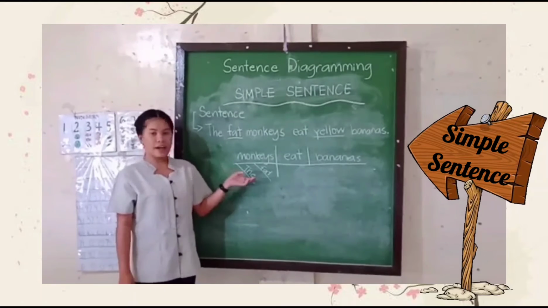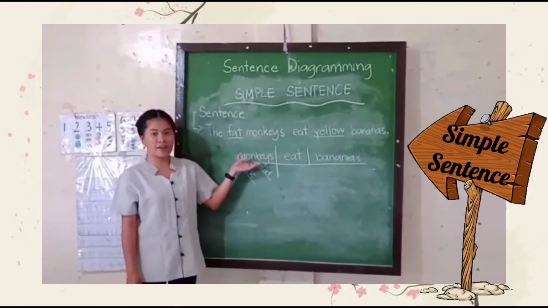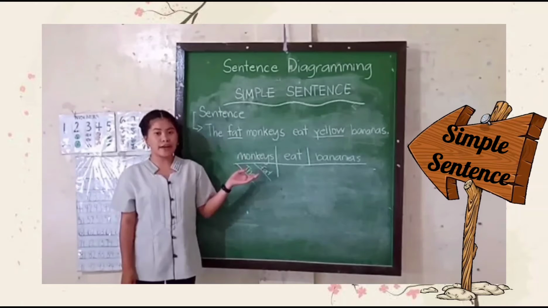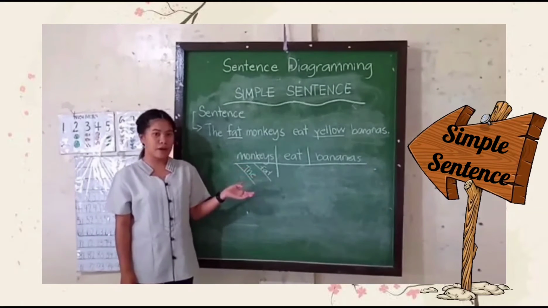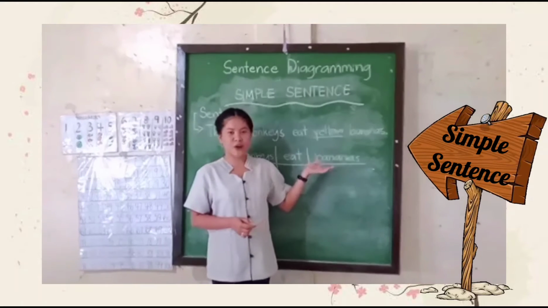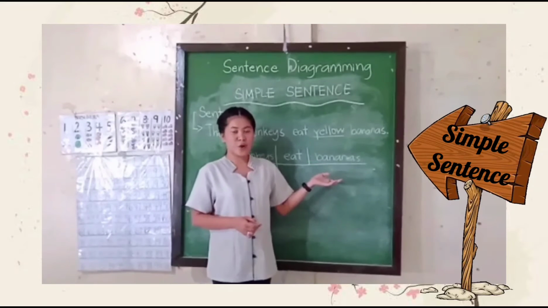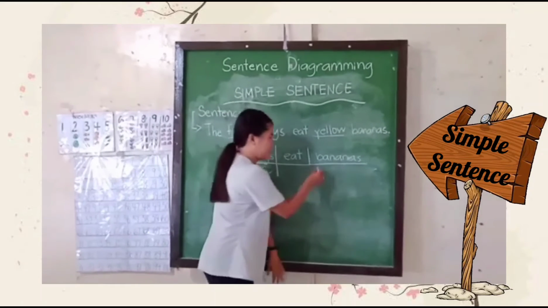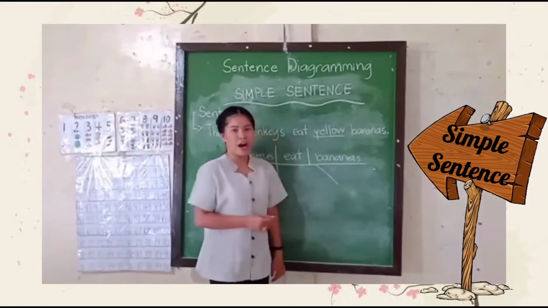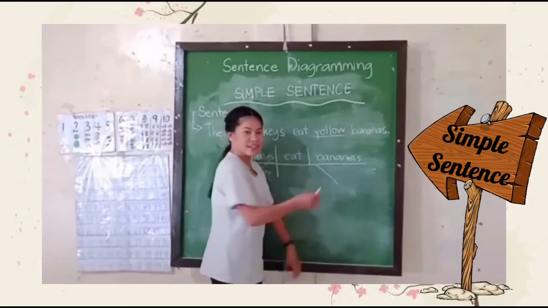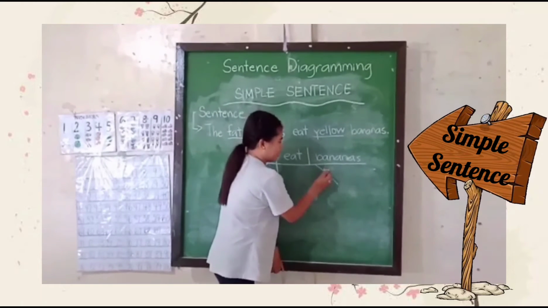The and fat describe the monkeys, so they are connected to the monkeys in the diagram. Yellow describes bananas, so it is on its own diagonal line, coming out from bananas, the word it modifies.